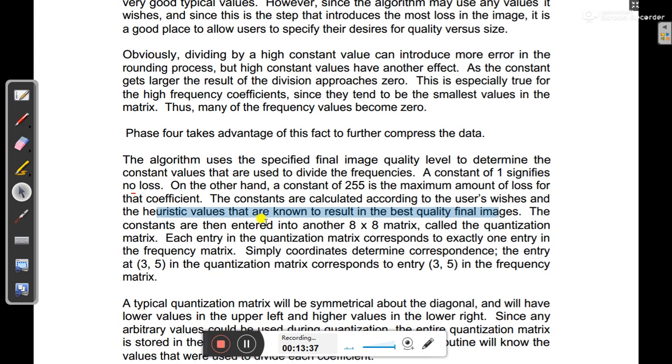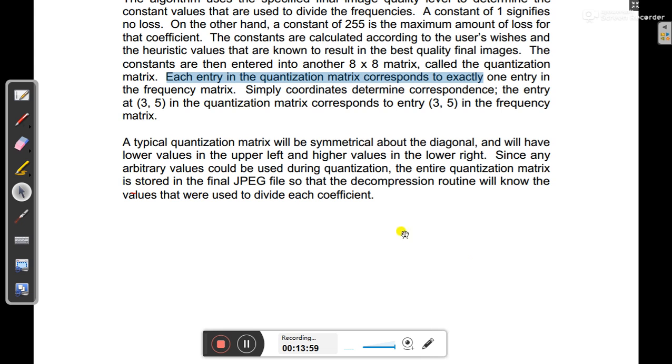The constants are then entered into another 8x8 matrix called the quantization matrix. Each entry in the quantization matrix corresponds to exactly one entry in the frequency matrix. Simply, coordinates determine the correspondence. The entry at 3,5 in the quantization matrix corresponds to the entry at 3,5 in the frequency matrix. A typical quantization matrix will be symmetrical about the diagonal and will have the lower values in the upper left and higher values in the lower right.